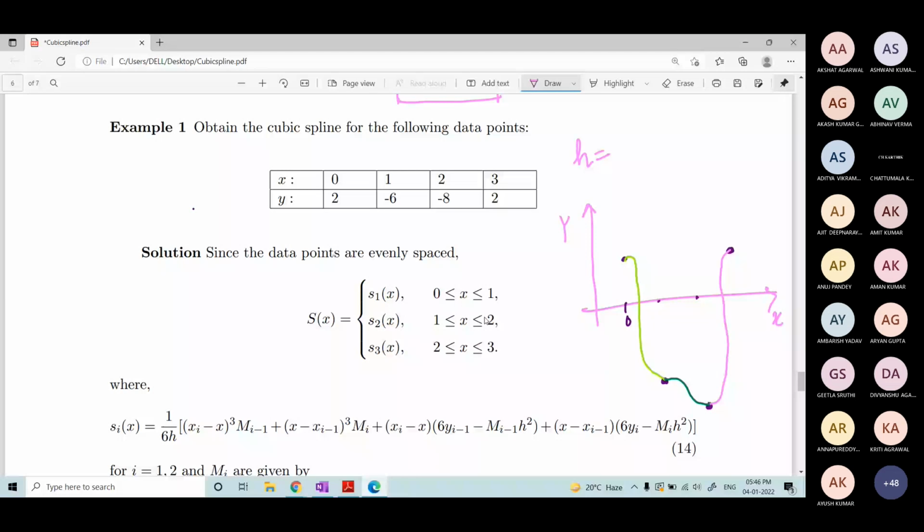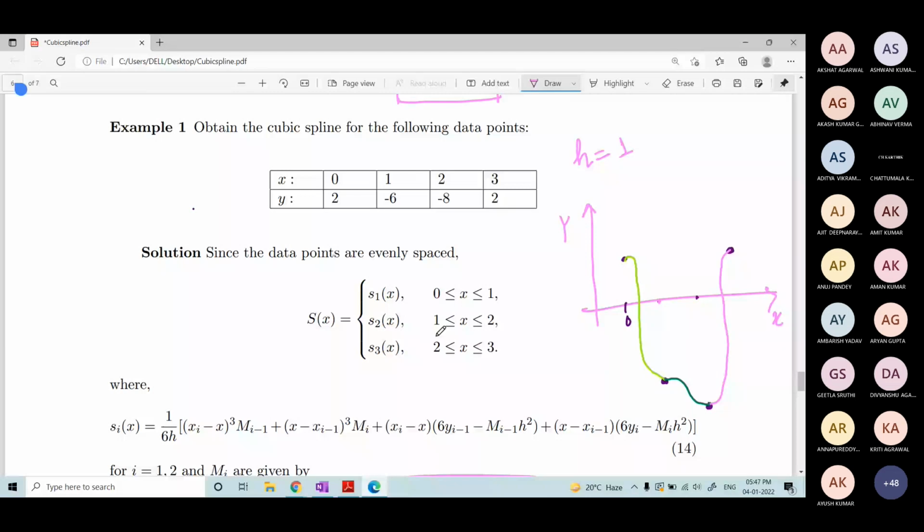So let us try to find the mi values first. How many internal points are there? Two internal points are there: (1, minus 6) and (2, minus 8). So we'll get two equations.